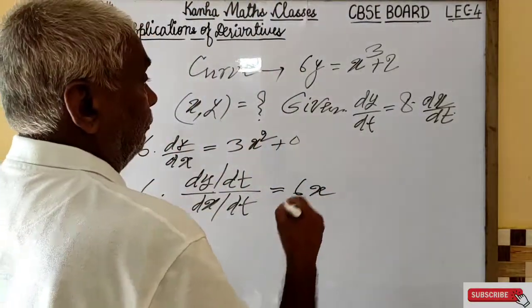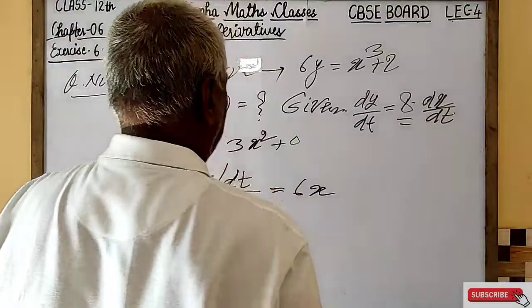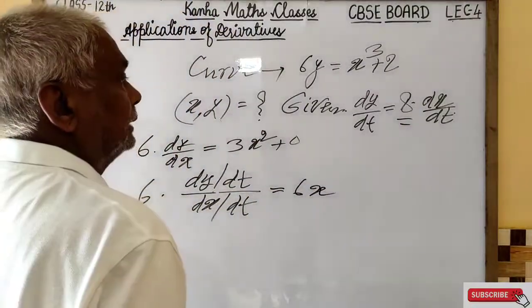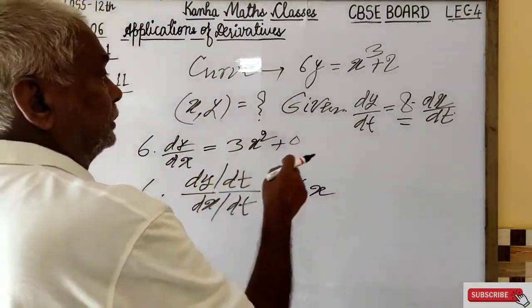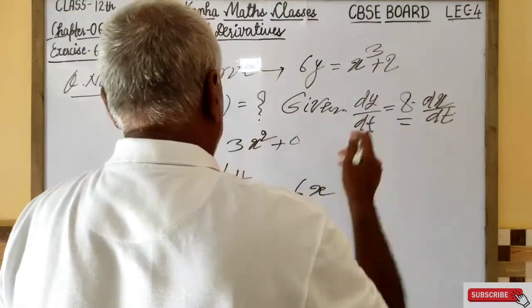But we have taken here that dy by dt is 8 times faster than dx by dt.